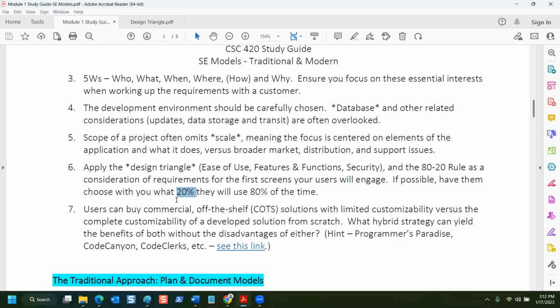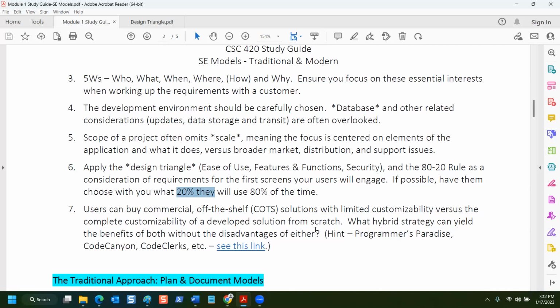See, 20% of the resources are actually engaged about 80% of the time. The 80-20 rule means 80% of the time, just 20% of the available resources and features are actually utilized. Holy buckets.